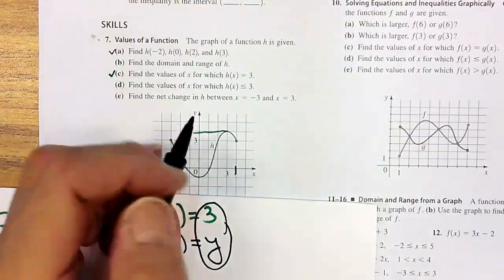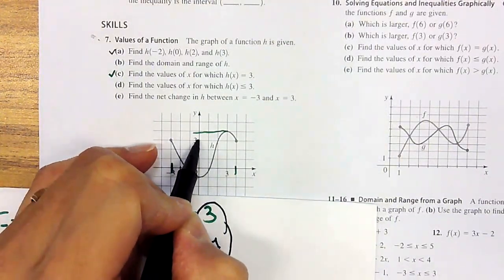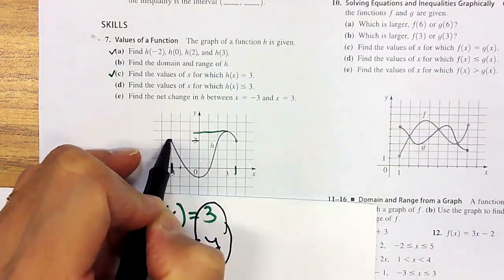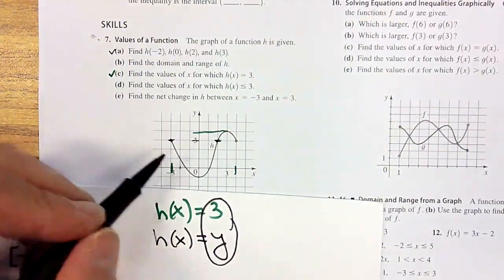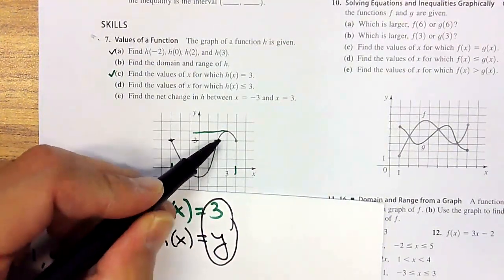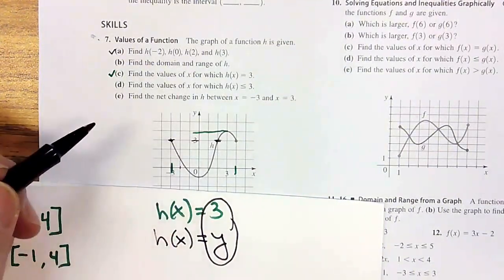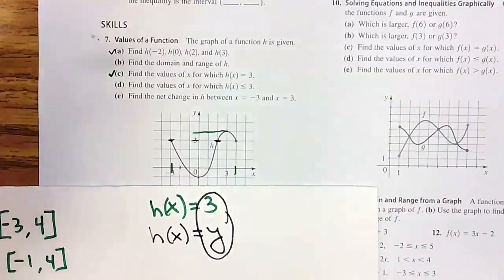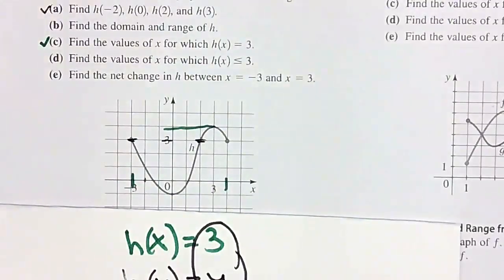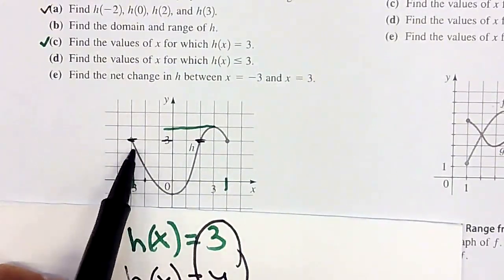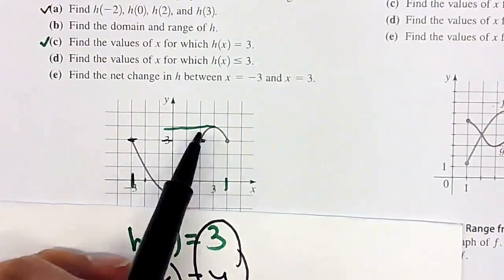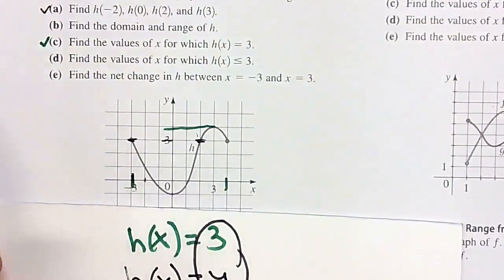So you look at your y value at 3, and it's here, and it's here, right? So then your x value would be at negative 3, or what is that, 1, 2, 2. You look at my y value at 3, get negative 3, and then get 2.